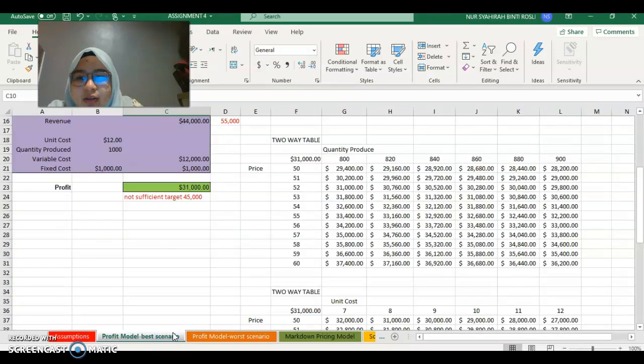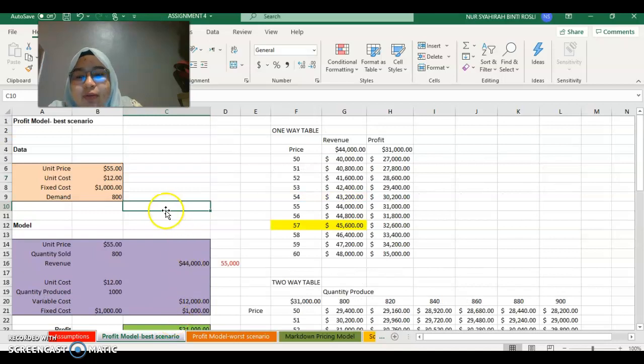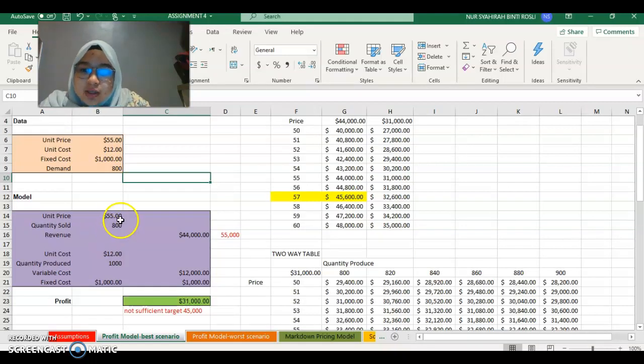For the profit model for best scenario, this is the data. The unit price is 55 ringgit, the unit cost is 12 ringgit. The fixed cost is 1,000, and the demand is 800. And for the model, the unit price is 55 ringgit.